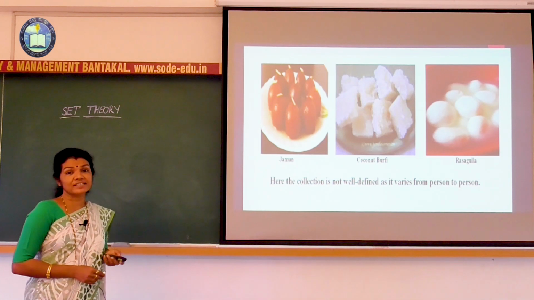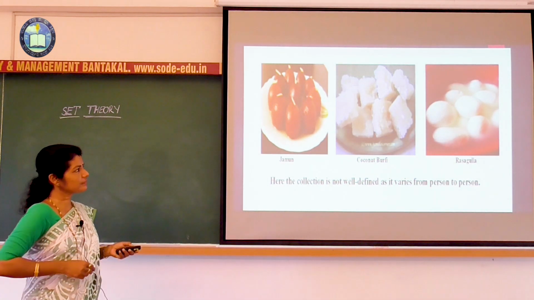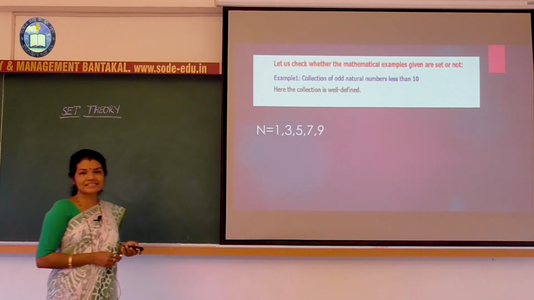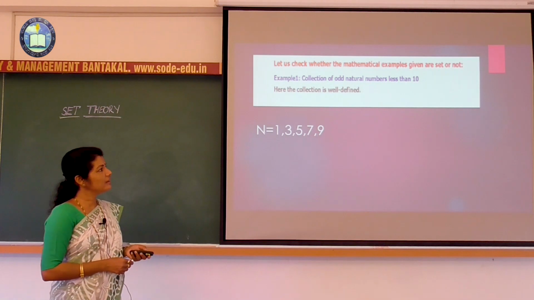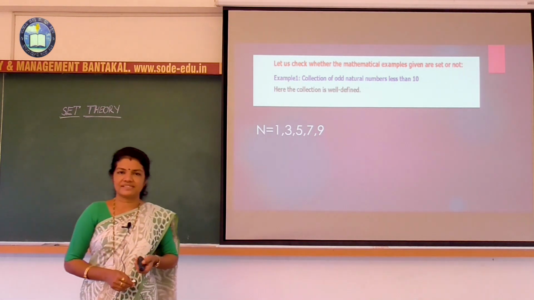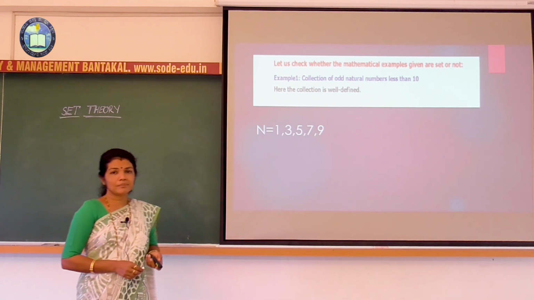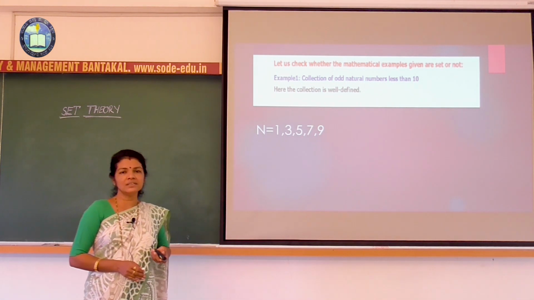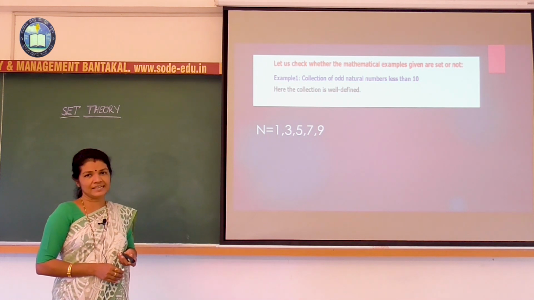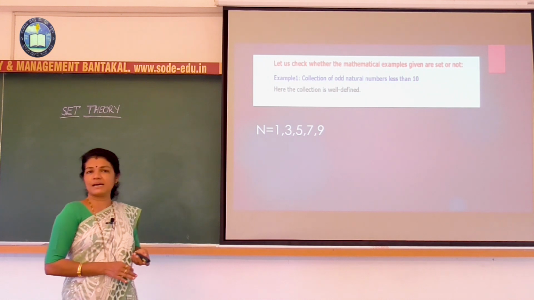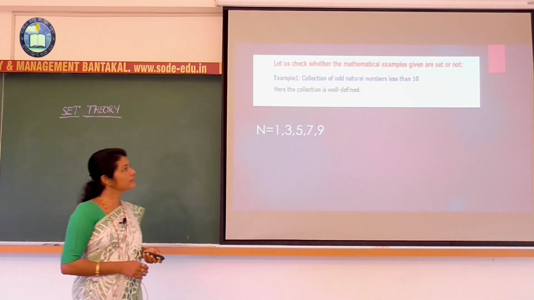Collection of favorite sweets. Collection of odd natural numbers less than 10. Now, we have considered 4 examples here. Among these 4 examples, my question is whether all the examples form a set or not. Obviously, all the 4 examples do not form a set.